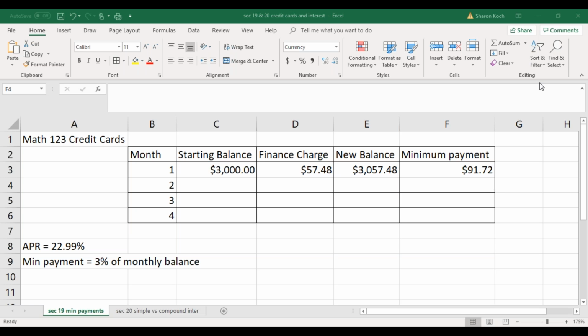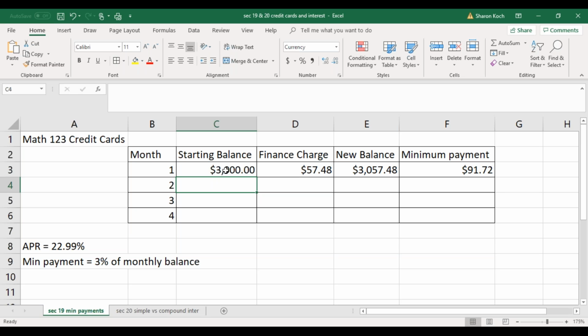Now I have to do one more thing for Excel to know what to do. The next thing I have to do here is come over to the starting balance for the next month. I'm going to click on this cell location C4. Now to get this number, remember I'm going to take the new balance minus my minimum payment. Remember, we're done using this first column number. Once we find the finance charge, I'm done using this first column. That's one of the biggest mistakes students make.